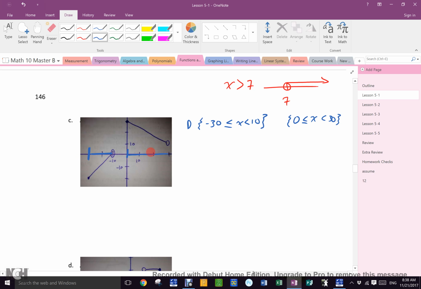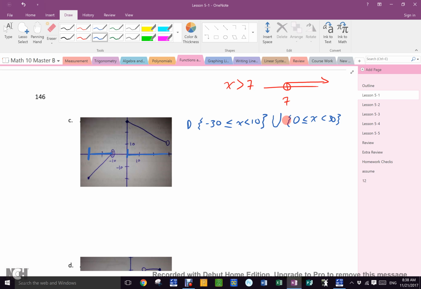Now we have two different sets, don't we? So we put this big U here. That means this is part of the domain and this set is part of the domain. It's two different sets to equal the whole domain. The U stands for union. Everybody okay? Everybody good?